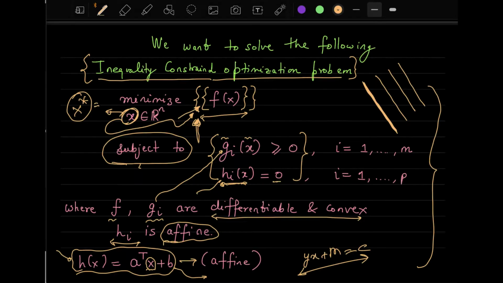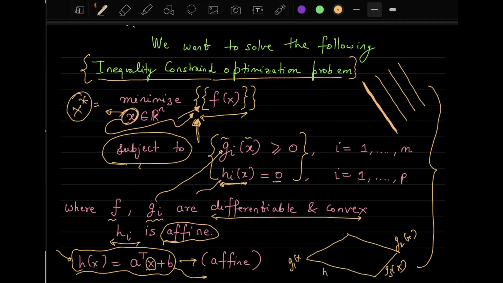So if you see pictorially, all the gix are something like this. You will have g1x, then g2x, then g3x. All these are actually forming a boundary for you, like this, and this may be your h1x.